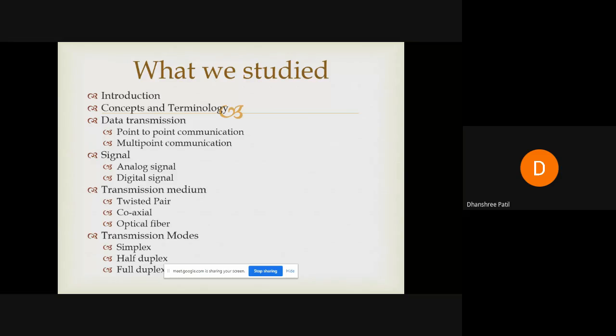So what we have studied in the first chapter: concepts and terminology, where we saw the basic concept, then point to point and multipoint communication, then types of signal, analog and digital. Then transmission media, that is guided transmission media: twisted pair, coaxial and optical fiber. Then transmission modes: simplex, half duplex and full duplex.